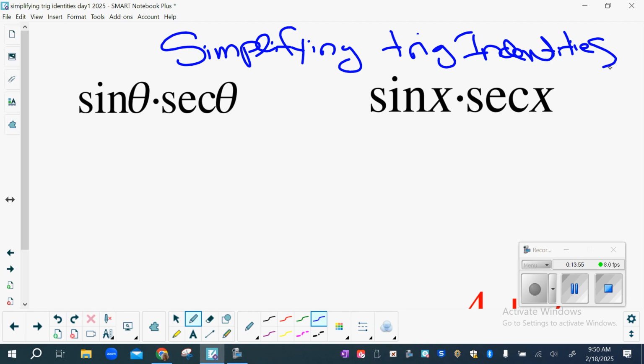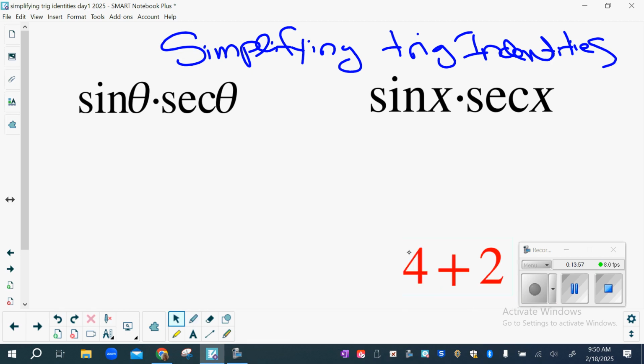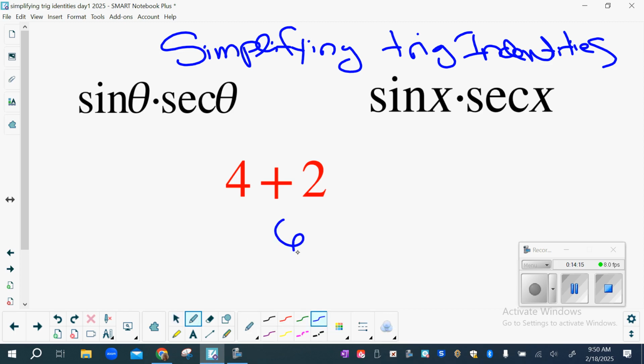And here's the game. If I gave you 4 plus 2, could you, as fast as me, write that in a smaller, simpler way? Could you? Yeah. You would write it as the number 6. Yay. That's what we're going to do today.